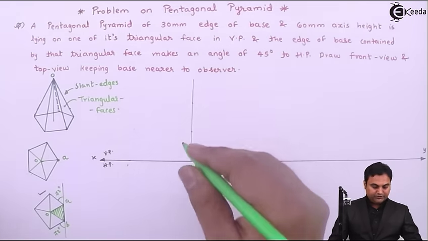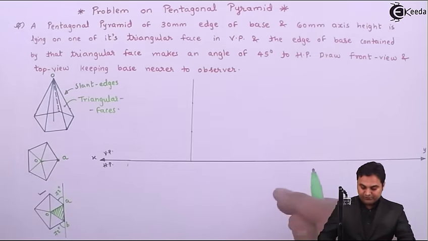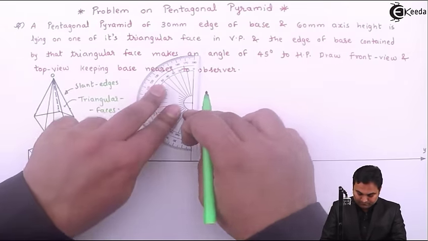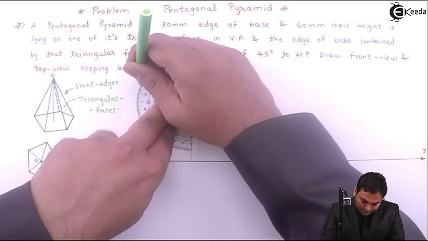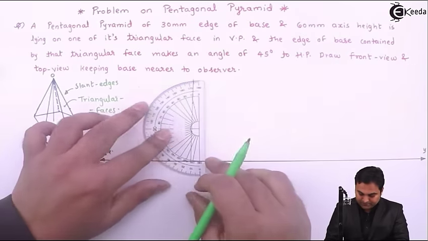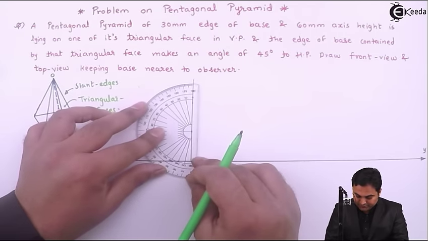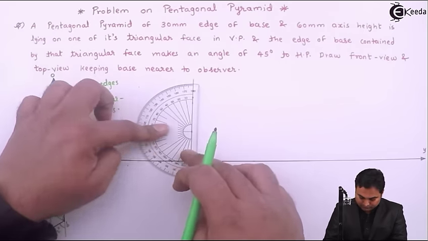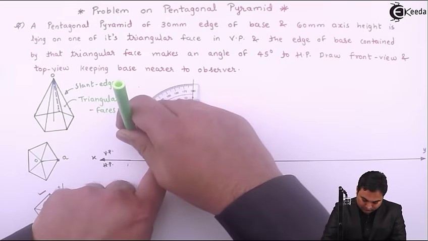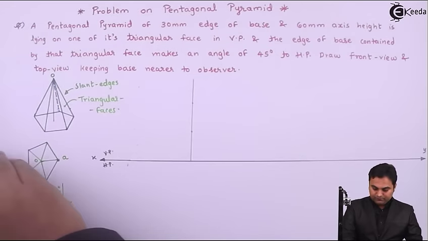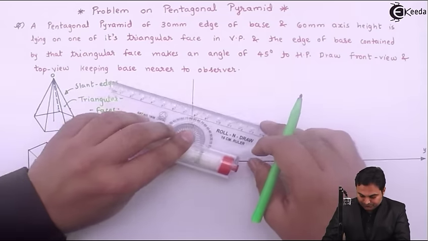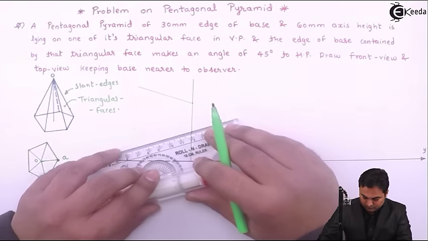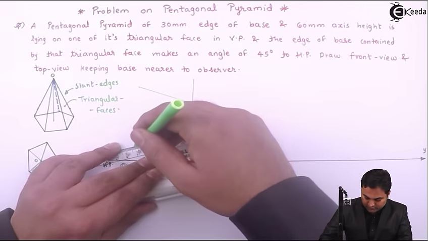So here from this point I am going to measure 72 degree. On one side, 72 degree on the other side. Joining them with a light line first. Joining with a light line.